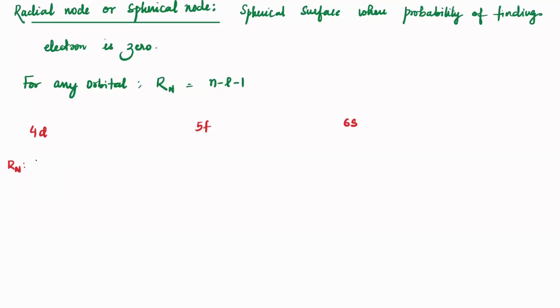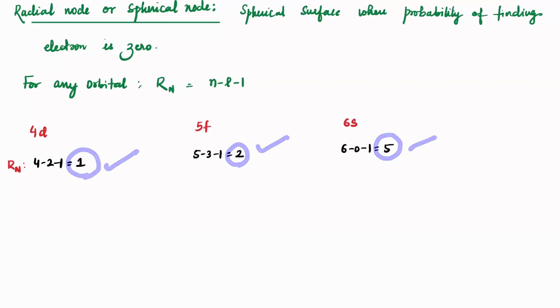It will be simply 4 minus 2 minus 1, which is 1. In this case, 5 minus 3 minus 1, which is 1. Here, 6 minus 0 minus 1, which is 5. So there will be 1, 1 and 5 radial nodes respectively.